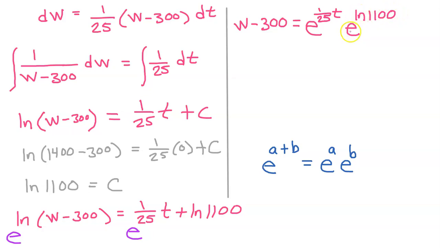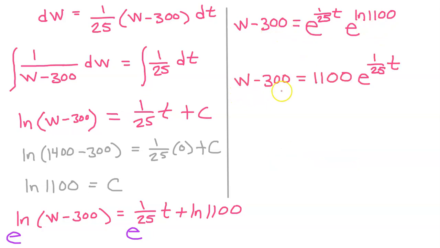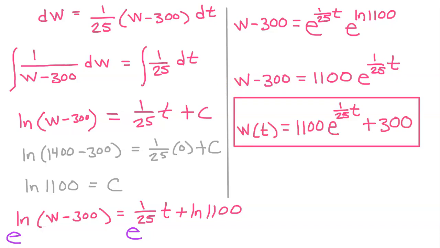I'm seeing here again I have a base e raised to a natural log. Base e and natural log are inverse functions which cancel each other out. So that's going to leave just 1100, which I'm going to put in the front. So now we have this. Finally, we just need to add 300 to both sides to get W by itself. So here is the solution to the differential equation that fits the initial condition.